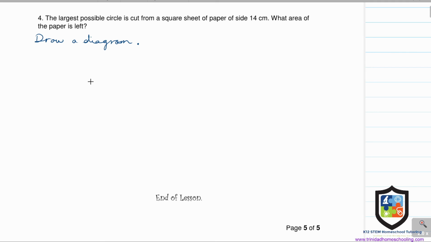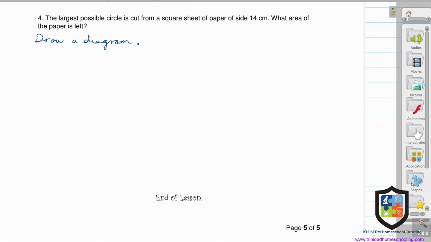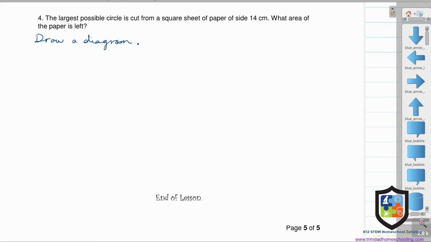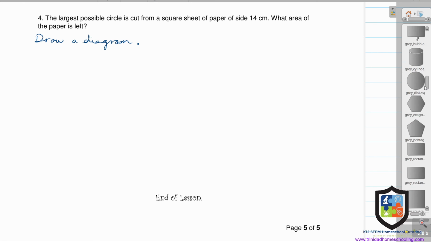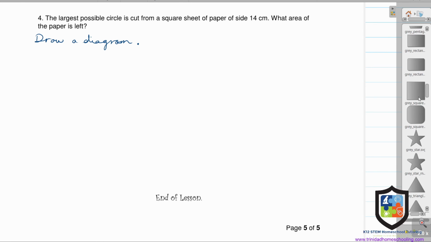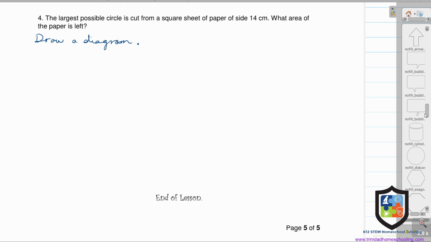Alright, so the largest possible circle is cut from a square sheet of paper of side 14 centimeters. What area of the paper is left? So we're looking at a square sheet of paper. So I'm going to look for a square sheet of paper here.